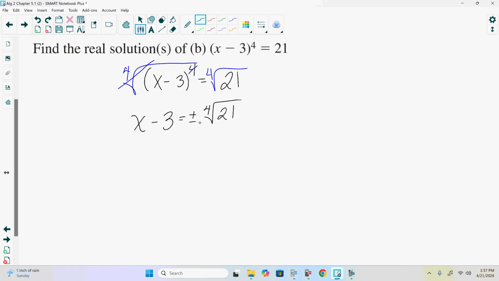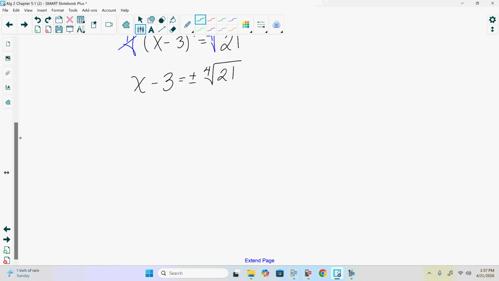Last step, we didn't need it last time. We just had to solve for x, yes? Is x by itself? Well, no. What's with it? Minus 3, yes? So what do I need to do to get rid of that 3? Add 3.